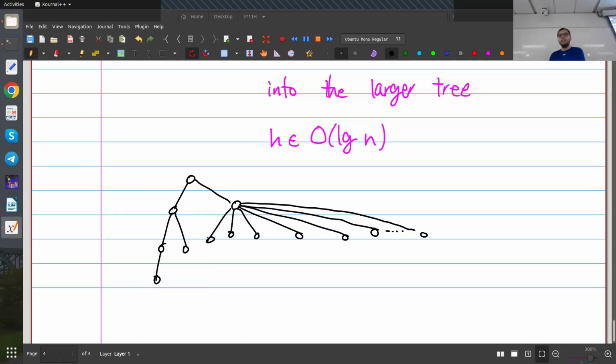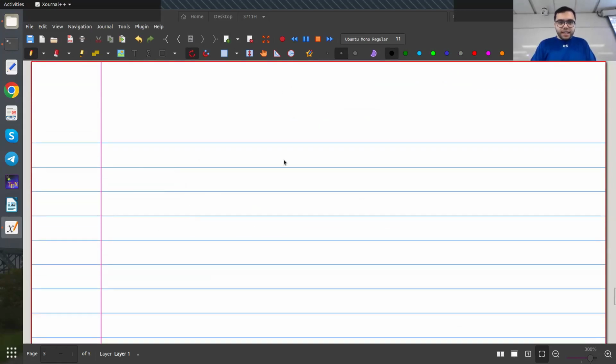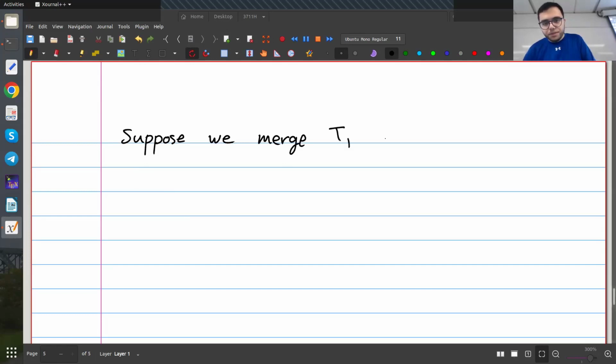Okay. Now, why is that? Generally, let's say that I want to merge two trees and they have two different heights. Suppose we merge two trees, let's say T1 and T2. And let's say that they have heights H1 and H2.